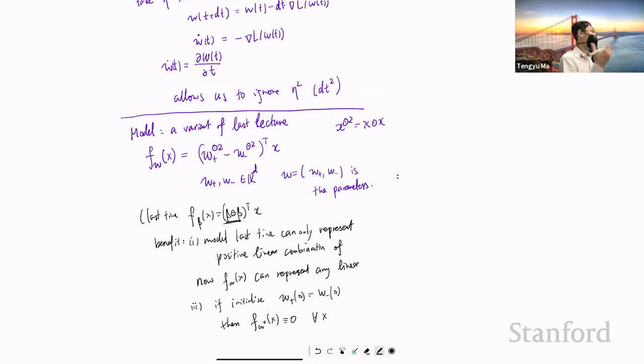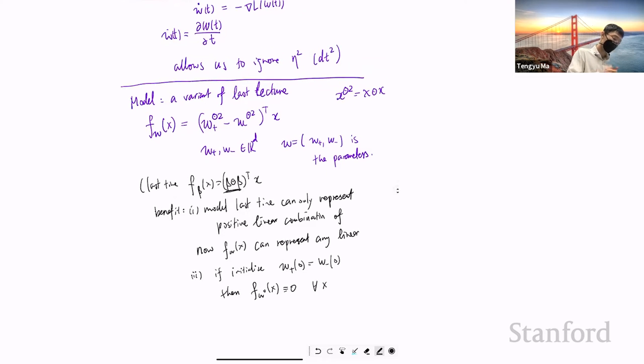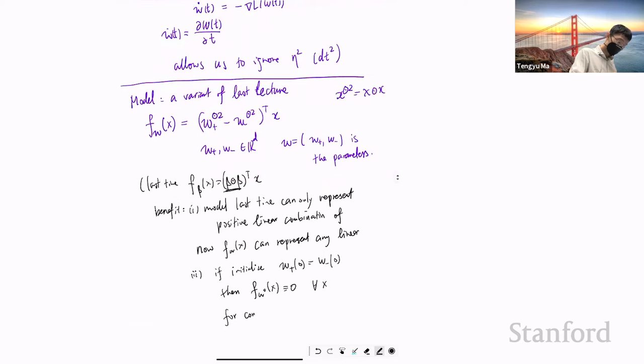I guess you have seen this kind of thing before. This is mostly for convenience. It makes the analysis even more convenient because the initialization has zero functionality, and we have used this for the NTK, and this will be useful for our analysis.